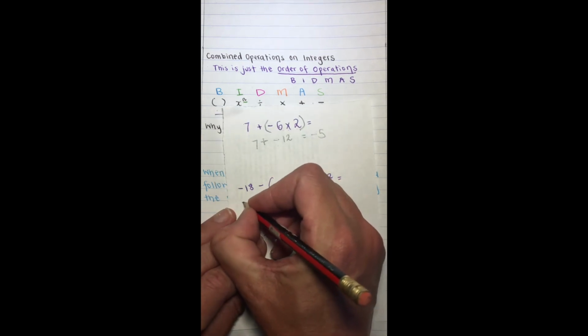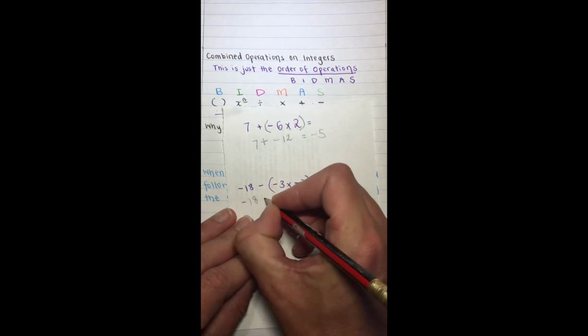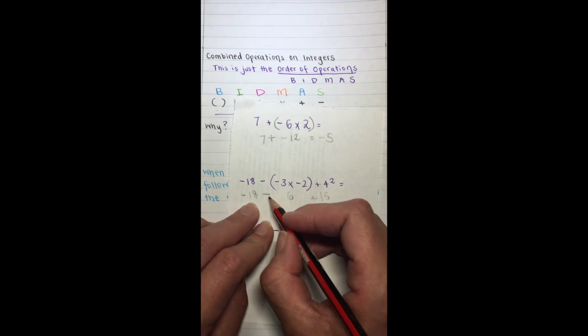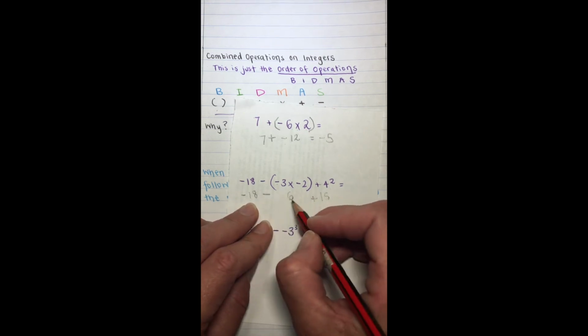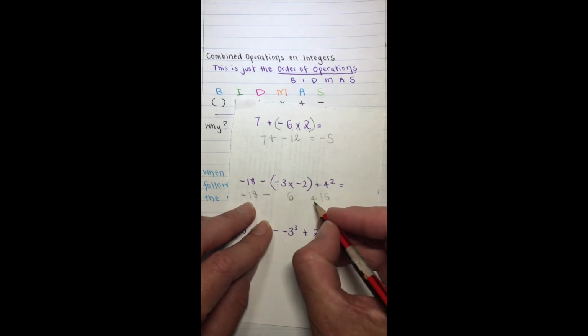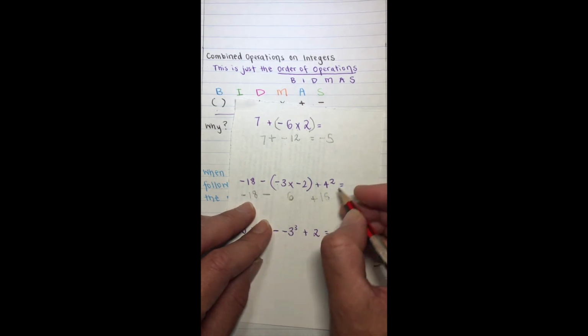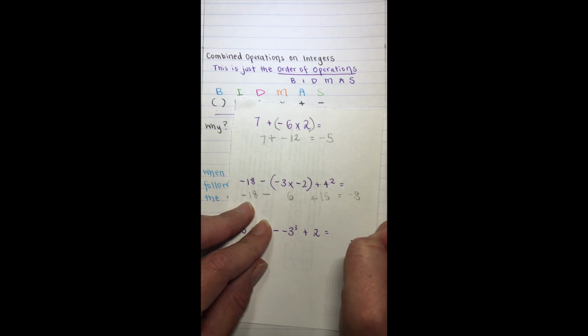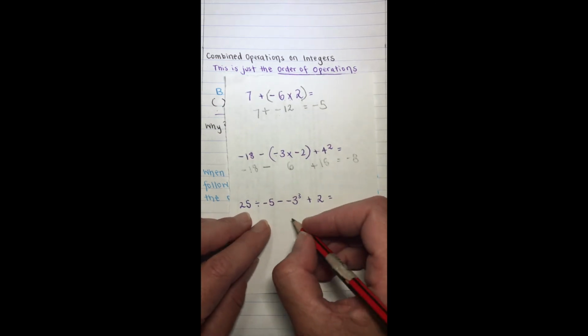Then I'll move the rest down because I can't simplify that. So I've got negative 18 minus 6, decreasing an asset, heading left. And then I'm going to come up the number line for 16, ending on negative 8.